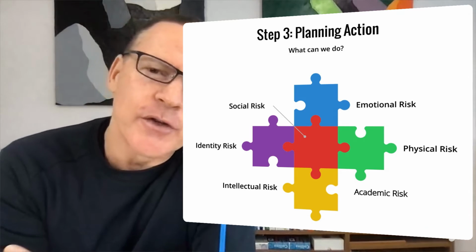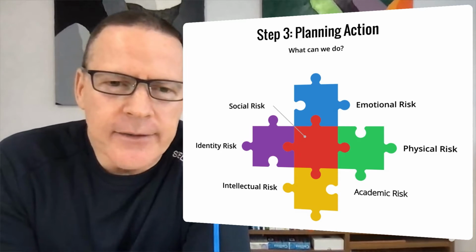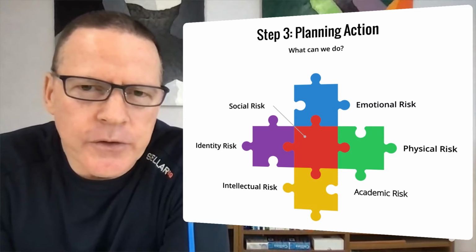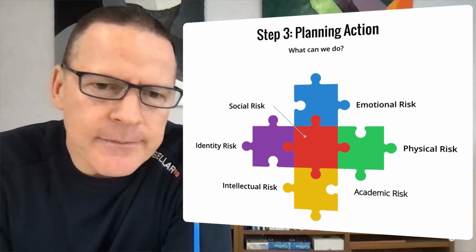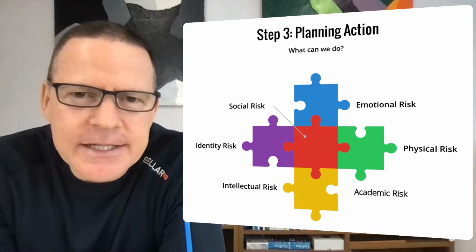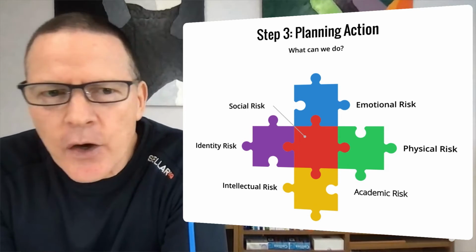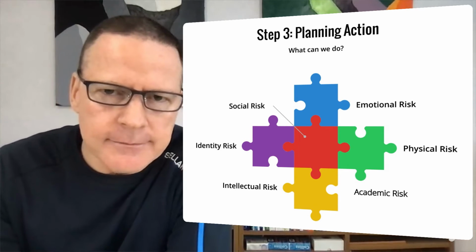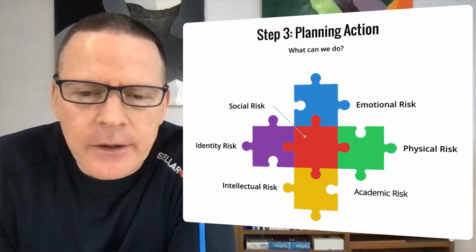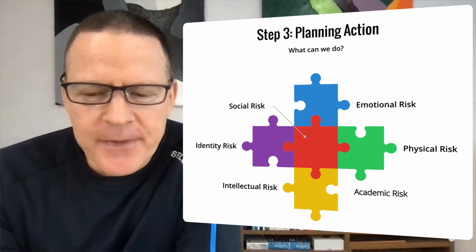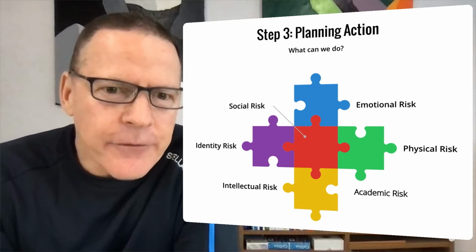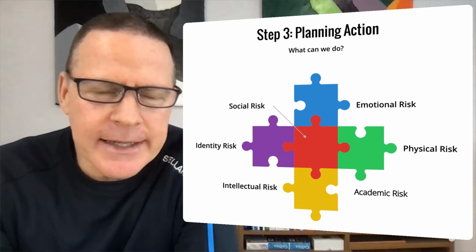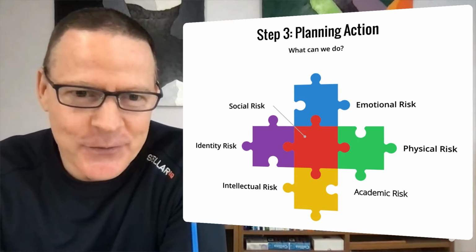Okay, so we'll go through to planning action, and this is where we take the risks that we identify that we want to focus on, and we just make some plans, right? And they're either contingency, like if this happens, then we'll do this, or they're more plans about avoiding that altogether. All right, so that's planning action, which is a good fun part of the process, right?